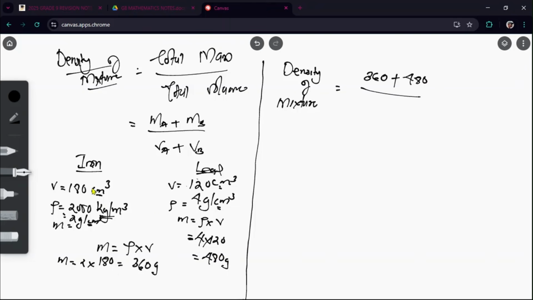Then I divide by the volume of iron, 180. I add the volume of lead metal, 120. So I want to see what is your answer here. You tell me what do you get. 360, you add 480, you put your answer there. 180 plus 120, you put your answer there. Then you divide to see what you will have.